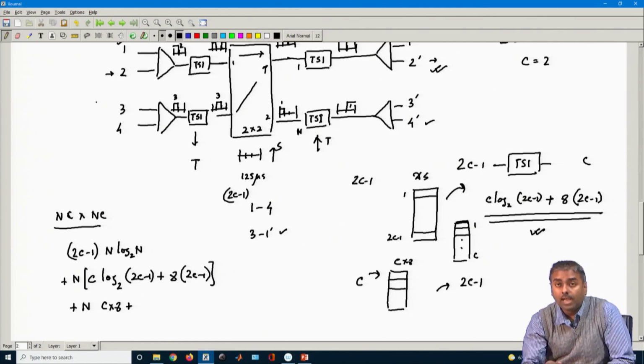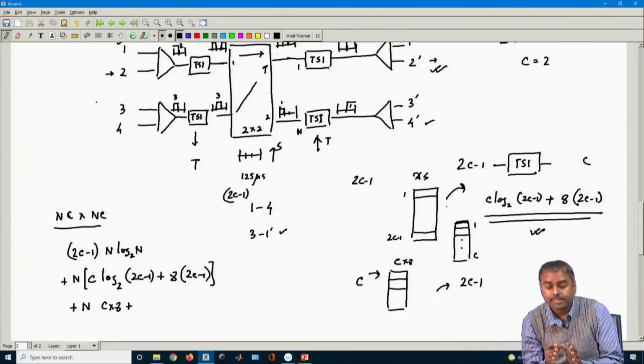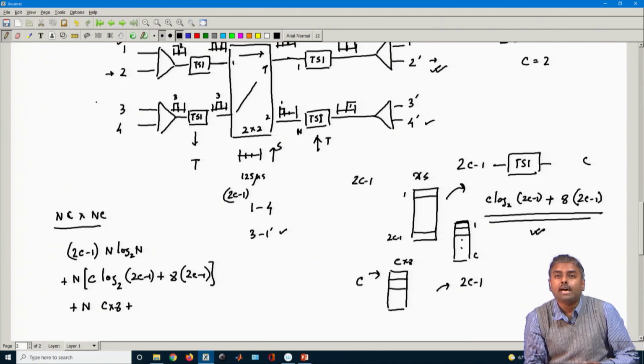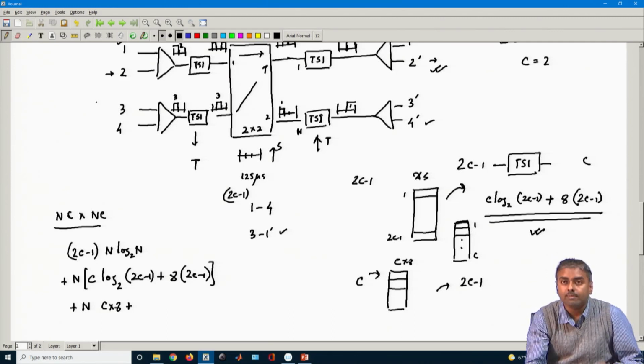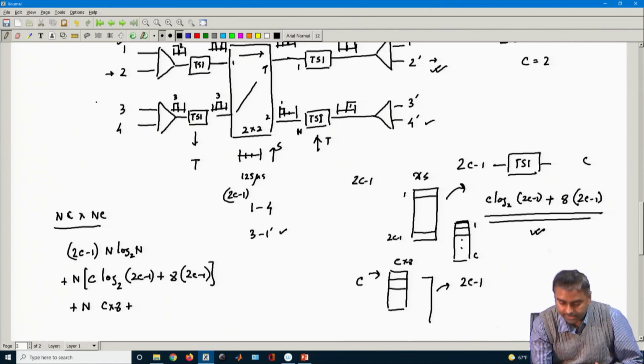Now, while reading I still need this whole thing. I have to read a particular memory. So, let us try to see how much memory will be required, because now I have to distinctly read 2C minus 1. So, that requirement will be 2C minus 1. There will be 2C minus 1 memory places, 1 to 2C minus 1.